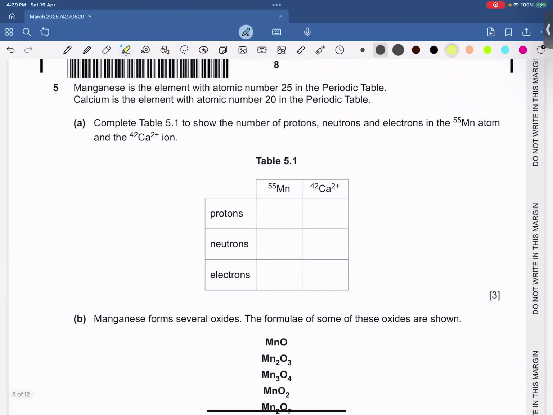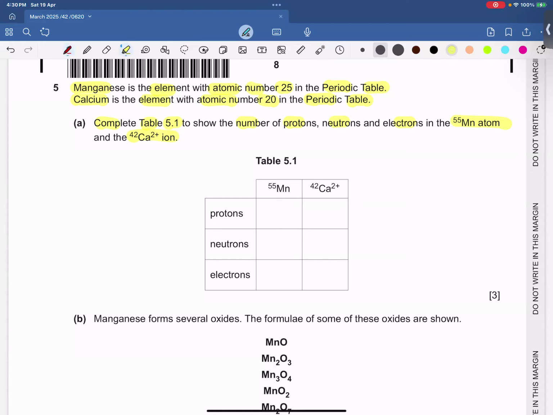Question number 5. Manganese is the element with atomic number 25 in the periodic table. Manganese is basically a transition element. Calcium is found in group 2 of the periodic table and it has an atomic number of 20. Complete table 5.1 to show the number of protons, neutrons, and electrons in a manganese atom and a calcium 2 plus ion.